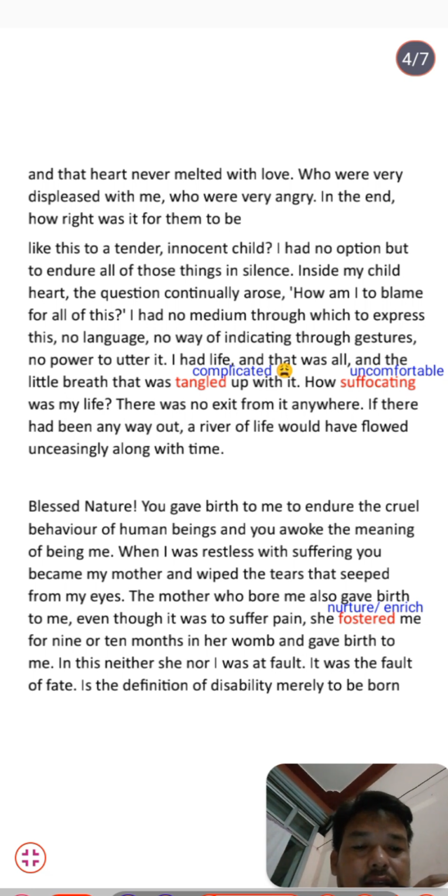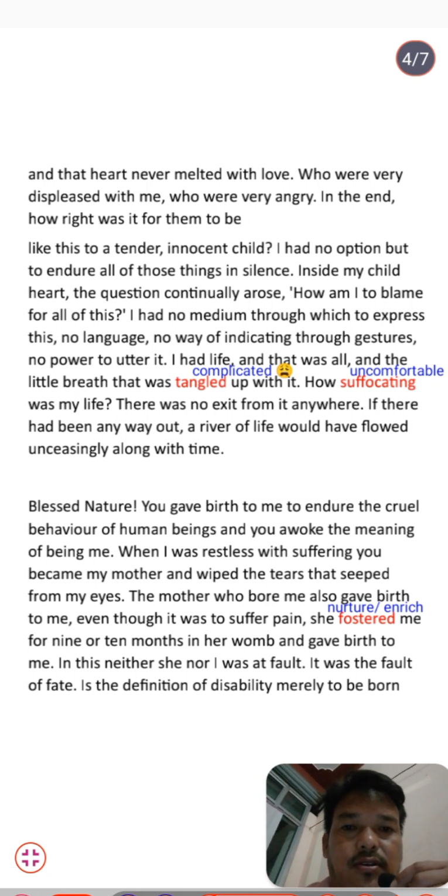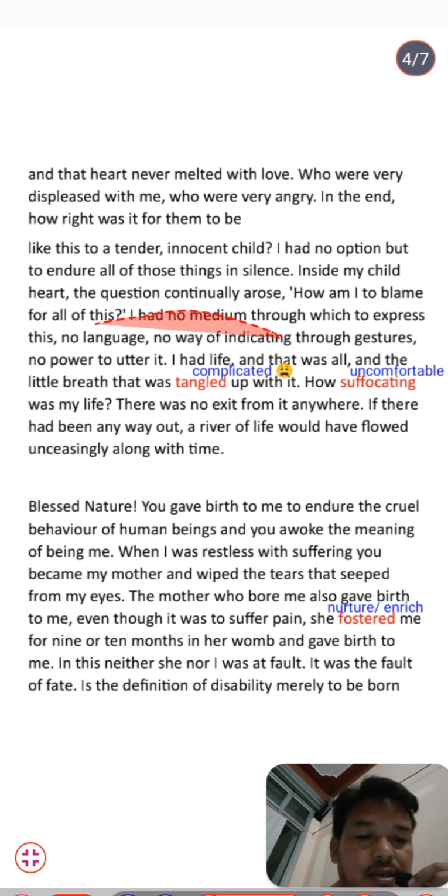And I had no medium, no way through which I can tell someone this. I have no language, and no chance of showing something through signals, and no ability to use body postures.